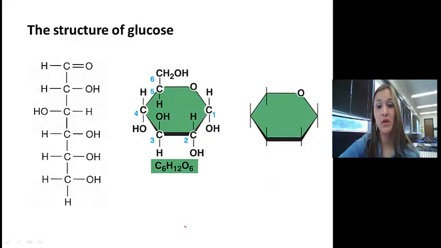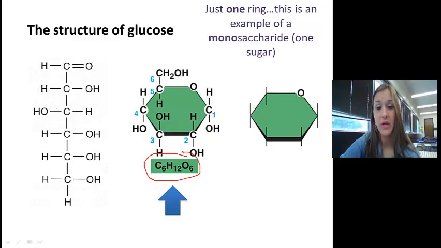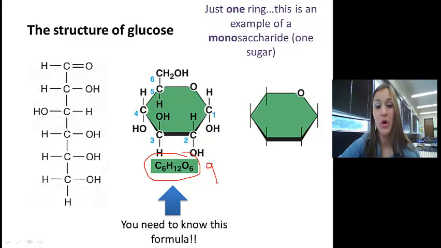This is what glucose looks like. You can draw it in a long chain form, or you can draw it in this ring structure. So just one ring is a monosaccharide. Now this formula right here that this arrow is pointing to is the chemical formula for glucose, which is the sugar that we're going to focus on because this is the sugar that your body uses to make energy.